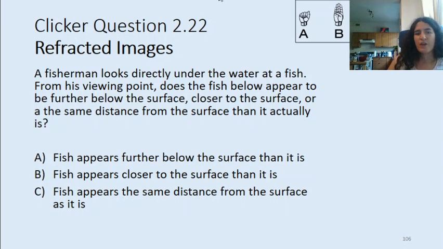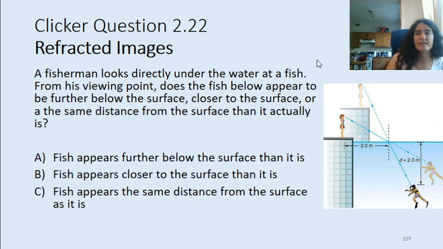Okay, so if you're coming back, let's draw a diagram of what this looks like. And this is actually a picture that I showed in the previous part of the lecture. So here I have not a fish, but a scuba diver, and it's underwater. And then this is the person above the water that's looking down at the scuba diver. So notice that light is bending towards the normal, right?